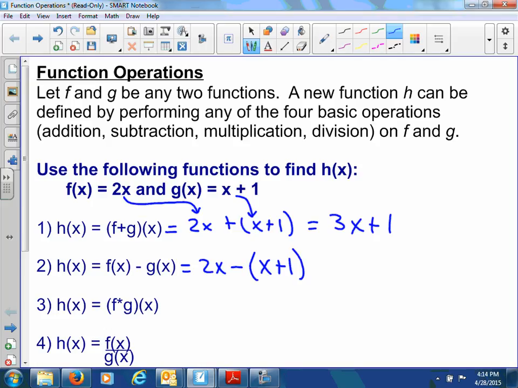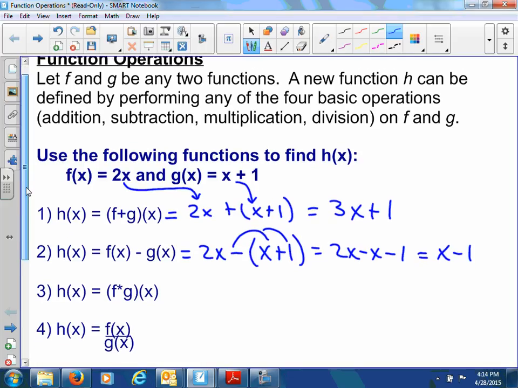Notice I put g of x in parentheses both times because we're going to be subtracting x and 1. So this becomes 2x minus x minus 1, which equals x minus 1.